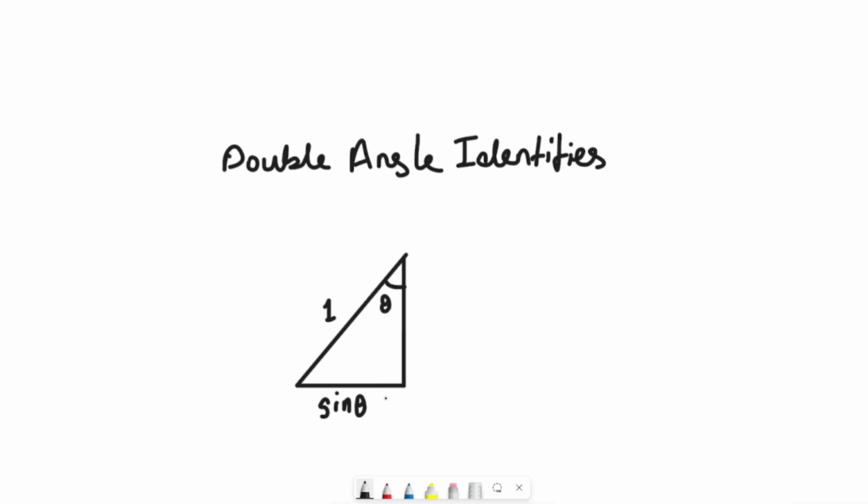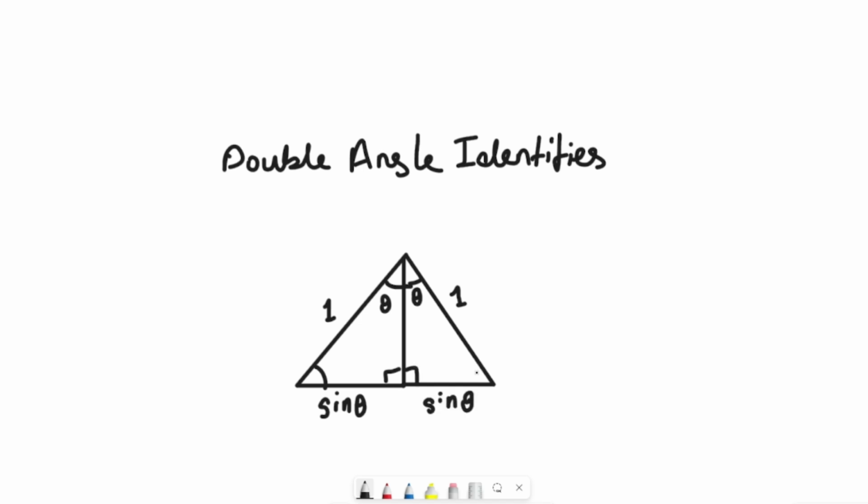Now I'm going to mirror this triangle. This is a right angle, this is theta, and this is 90 minus theta. I'm mirroring it so that both of the thetas are next to each other. If this is theta and this is meant to be 1, then this will also be sine theta.